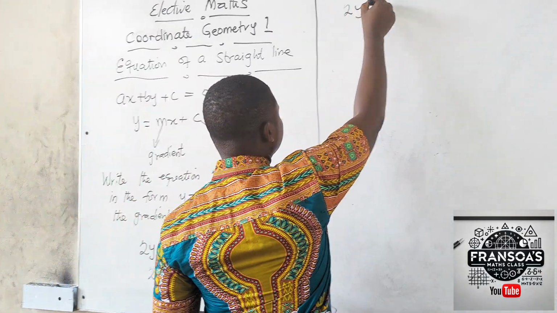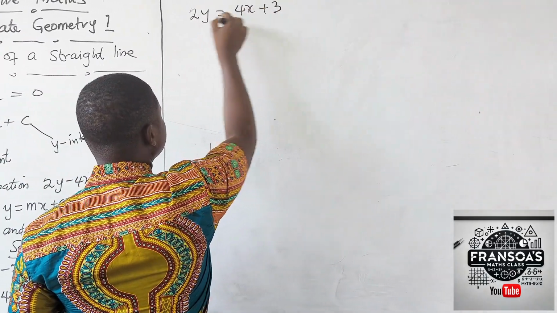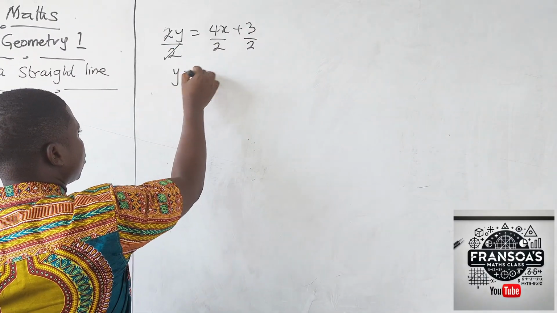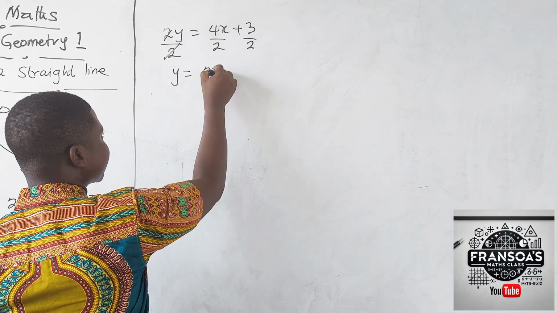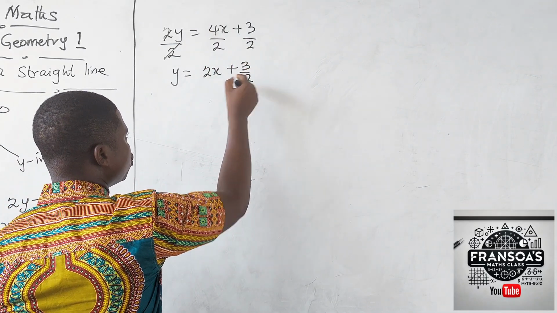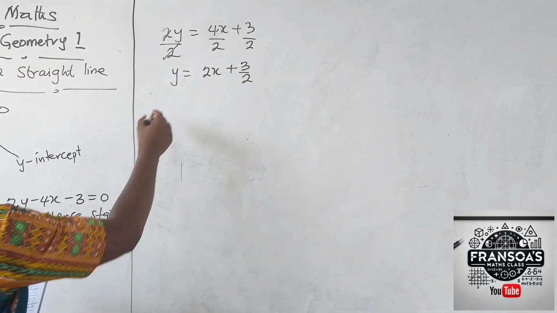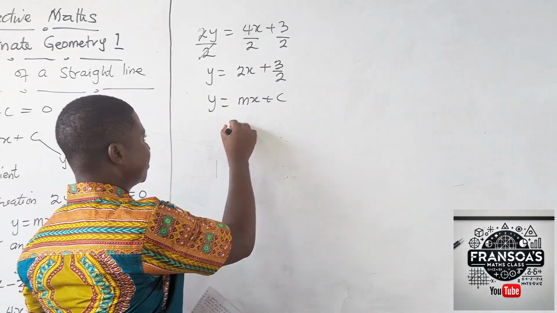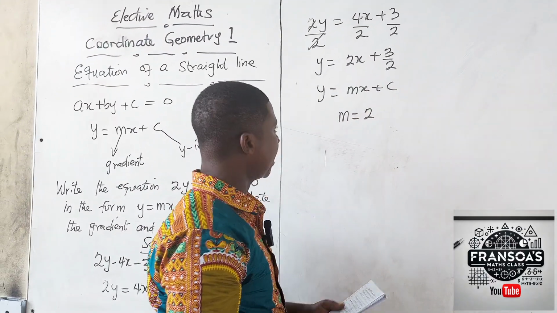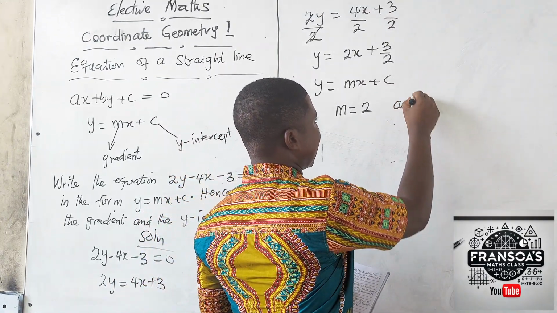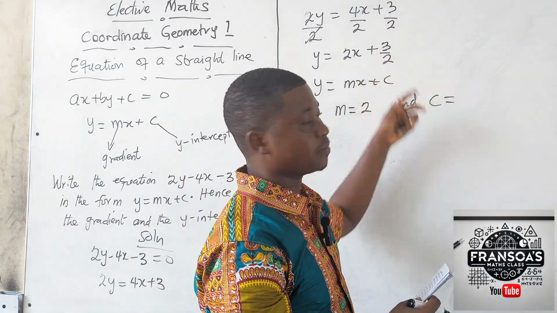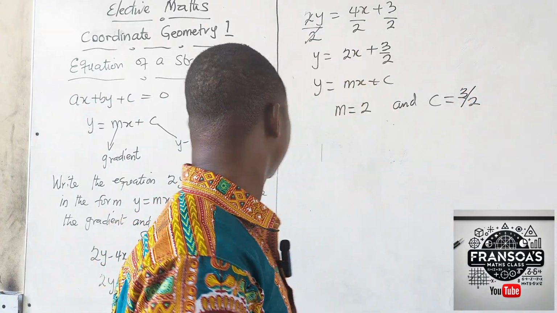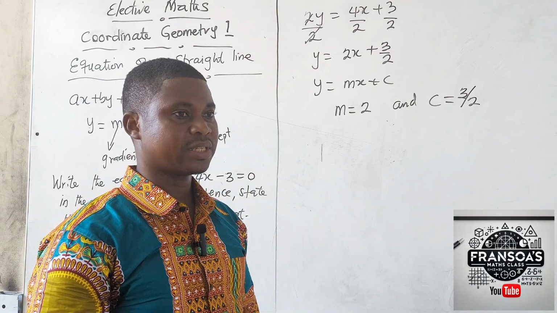So we have y is equal to 2x plus 3 on 2. When you compare it with y equals mx plus c, we can say that our m, which is our gradient, is equal to 2, and our c, which is our y-intercept, is 3 on 2. And that gives the solution to this question.